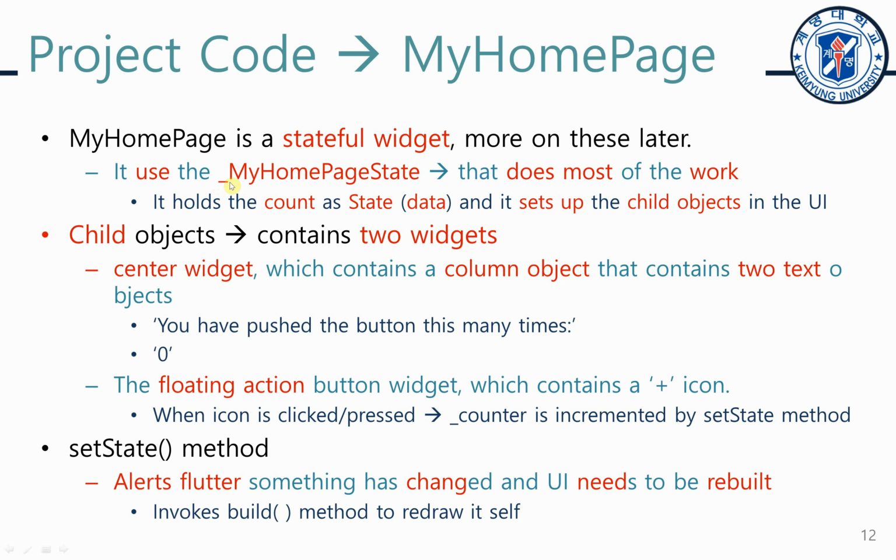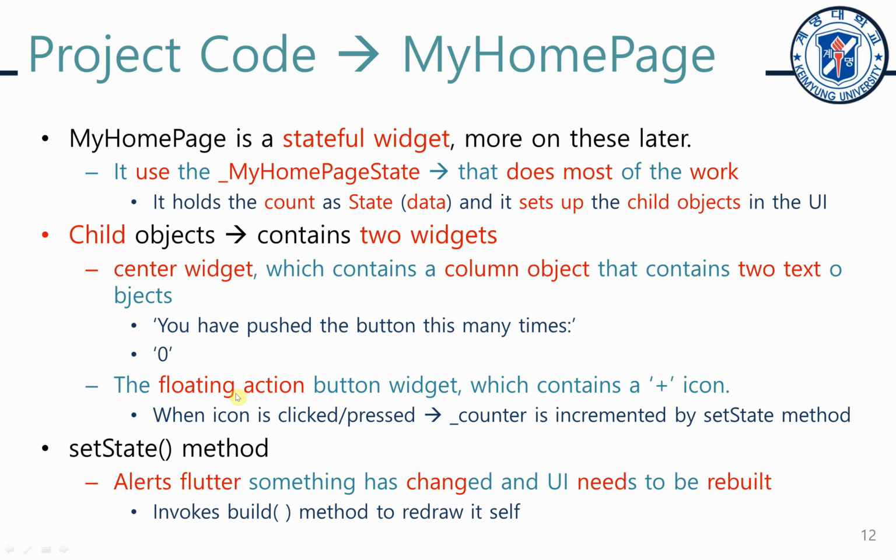This my homepage state does most of the work. It holds the count as state or as data, and it also sets up the child objects. In this case, we have two child widgets, the center widget, which contains the texts, and the floating action button that actually increments the number whenever it is clicked.